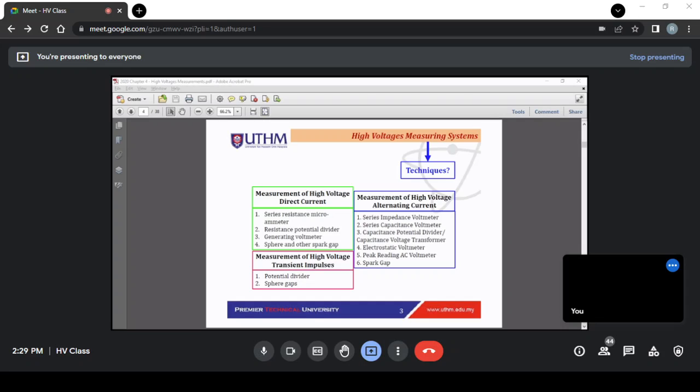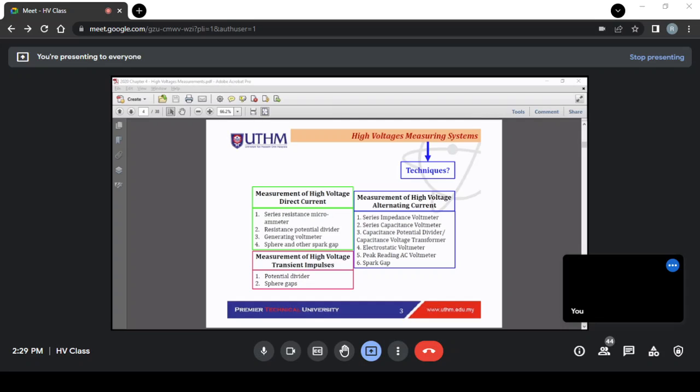Here we have some sort of fuse, some protective device that will break and disconnect if anything happens, and the current will flow through this point. This is the protective guard to protect the ammeter.